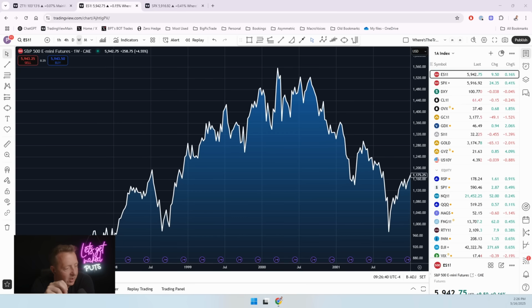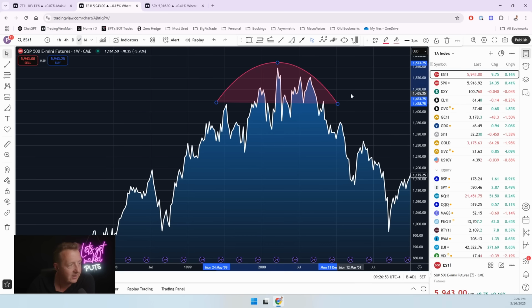So, looking at this chart, we have the chart of the 1999 to 2000 period. Now, while we had a couple of dot-com stocks ripping and the Nasdaq ripping, what you can observe is that the majority of the S&P 500 was actually spending over a year struggling to make new highs. Retail investors were so excited about everything and buying anything and everything that they can get their hands on.